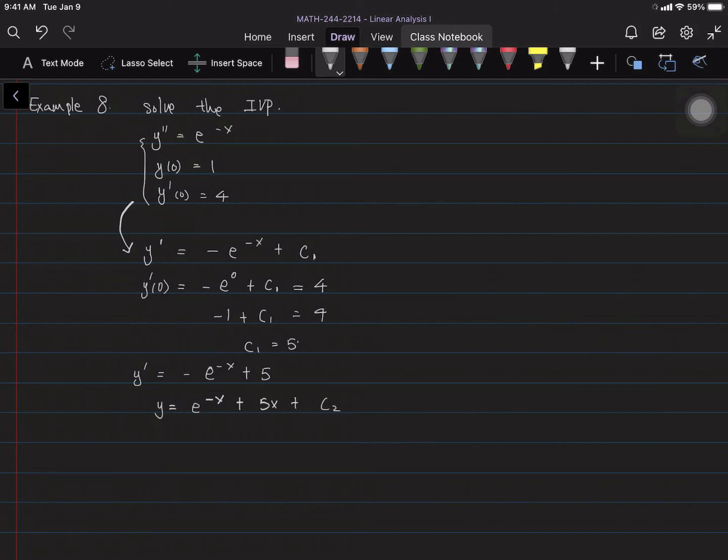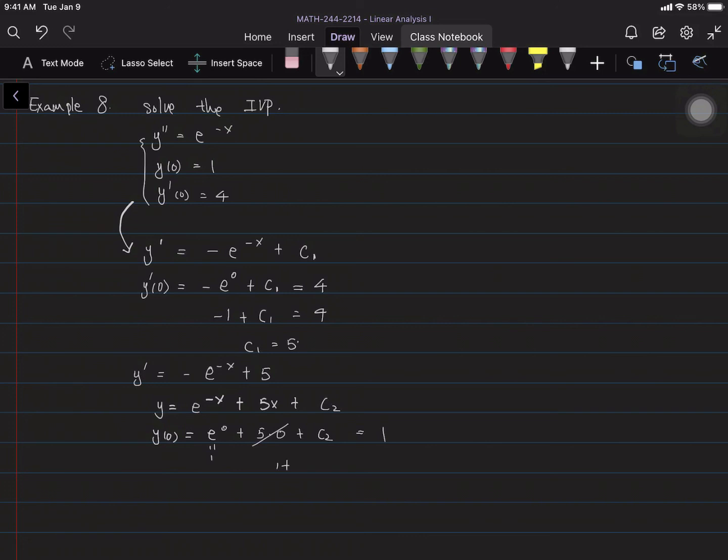And we get another arbitrary constant, but we have the initial condition y(0) equals 1. Same thing, plug in. So y(0) equals what? e to the 0 plus 5 times 0 plus c2, which is given by 1. Let's simplify. This is just 0, and this number is 1.